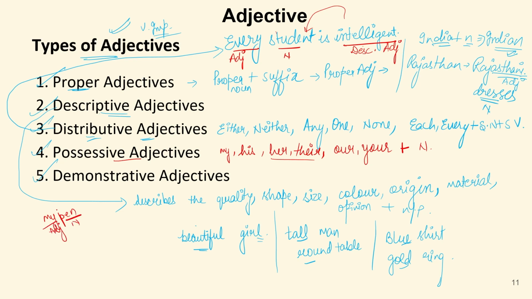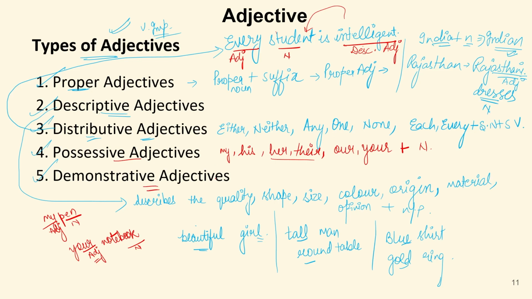I cannot use mine pen. The pen is mine can be used, but that will be a pronoun. But if I say my pen, pen is a noun, whereas my is an adjective. Now if I say your notebook, notebook is a noun, your is an adjective, which is telling me the notebook is yours.